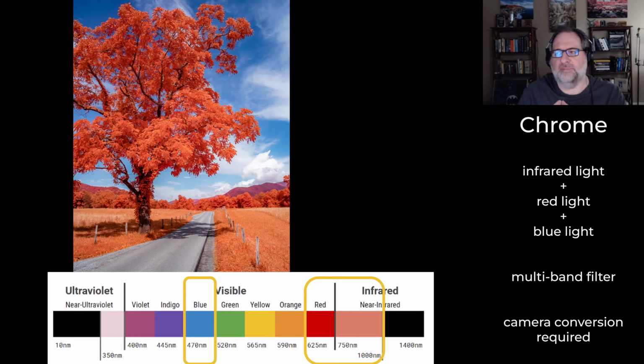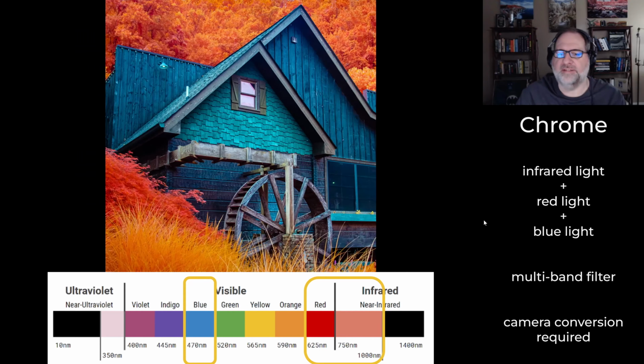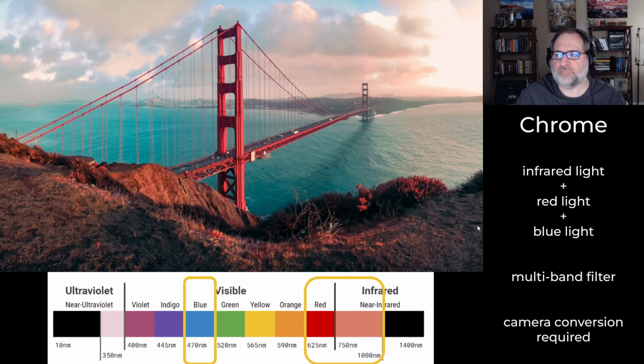In that film, the colors were remapped. So reds became green, infrared became red, and you had this really interesting red or pink foliage. With digital cameras, the chrome uses this multipass style, and in a multipass we have the reds and the infrared captured in one pass, and then in addition to that we have the blue that's captured in a second pass.